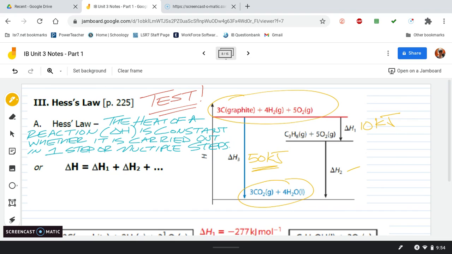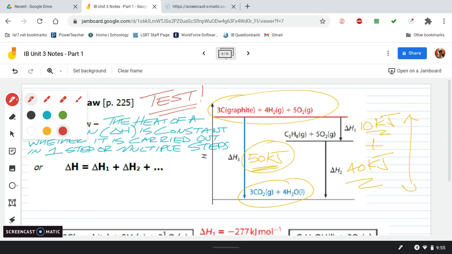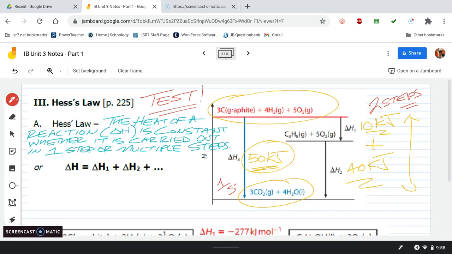Well, delta H2 would be 40 kilojoules because these two things are covering the same distance, and so they're going to have the same delta H as this one here that covered that same distance. And so over here, this is two steps, but the answer is still the same versus over here, which is only one step. And so that's sort of the idea. So you could go 50 steps or one, and at the end, the answer is going to be the same.